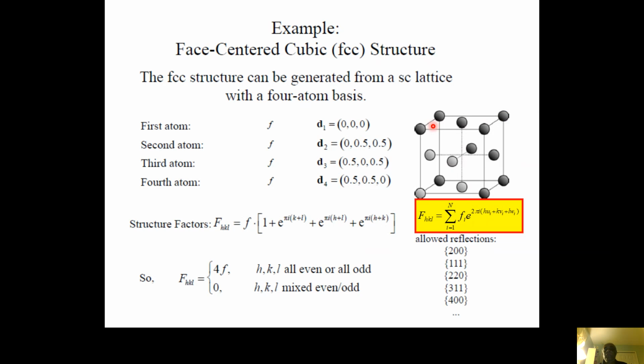So then you can define those 4. The first atom you can always put at 0, 0, 0, right? The next one, the middle of one plane, that is 0, half, half. The other one you can put in another plane at the center, half, 0, half. The other one, half, half, 0.